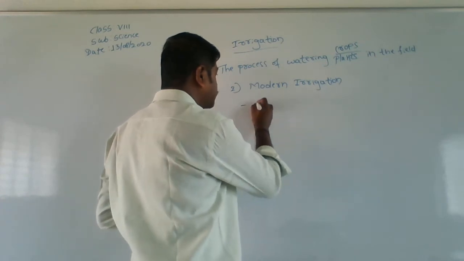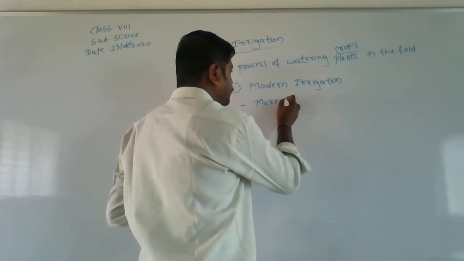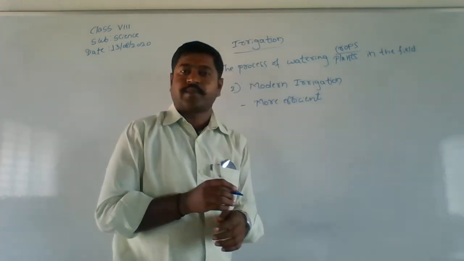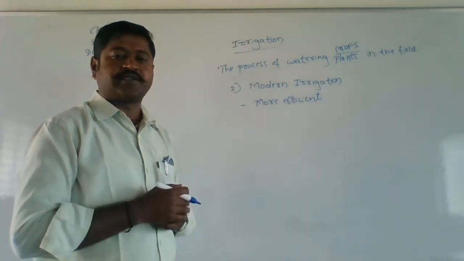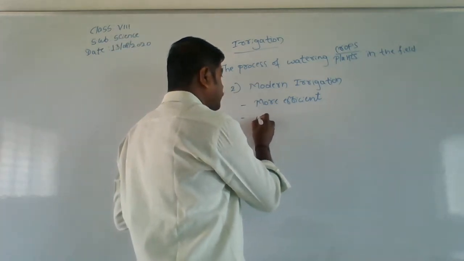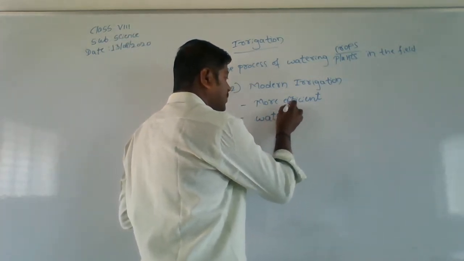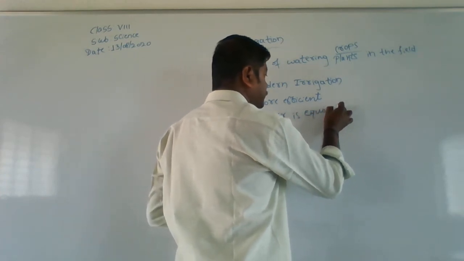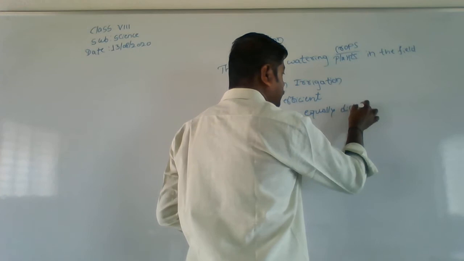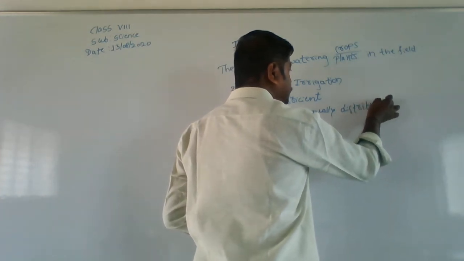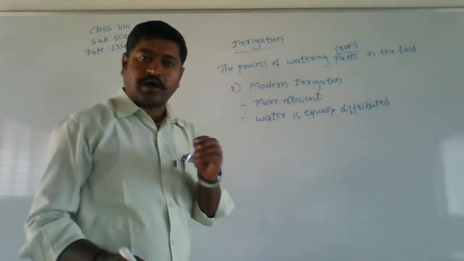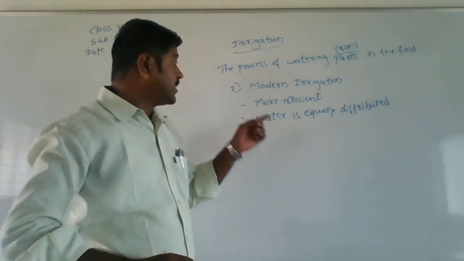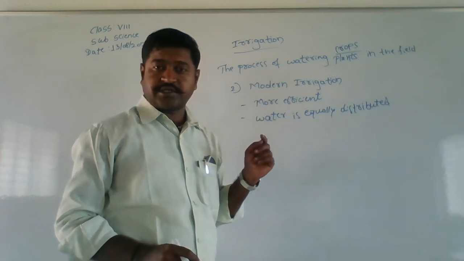Modern irrigation was more efficient, meaning it was useful compared to traditional methods, because here water is equally distributed to all parts of the plant, whereas in the traditional method it was not so efficient, right?